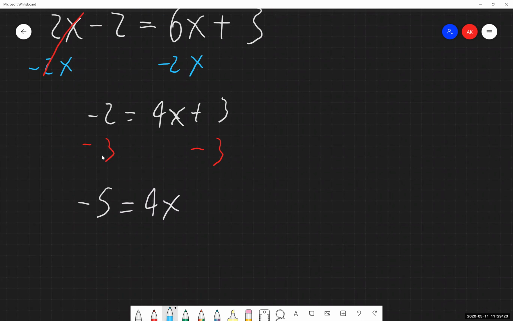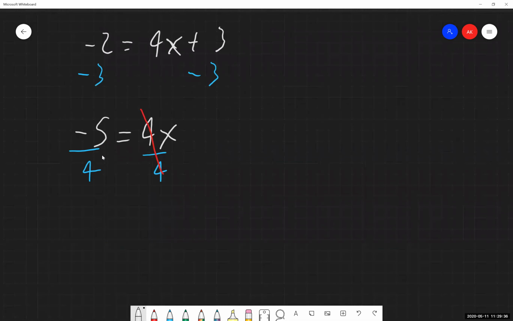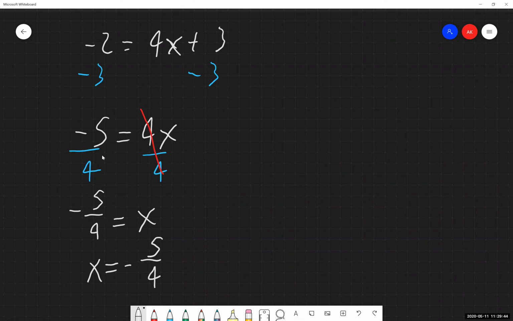Divide both sides by 4. Should stay consistent with my colors here. The 4's cancel. And we get x is equal to -5 over 4 for our final answer.